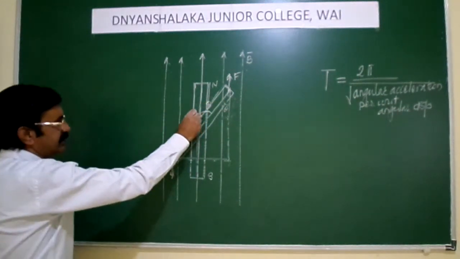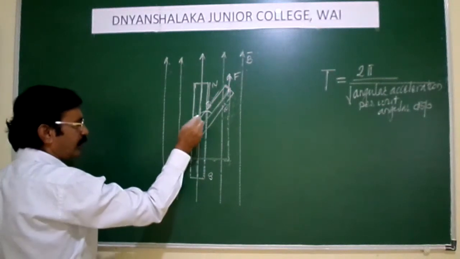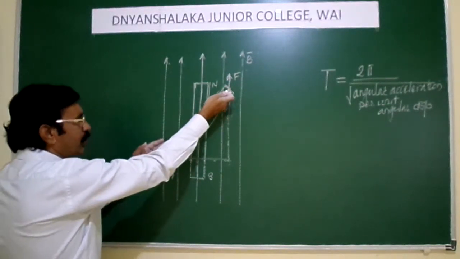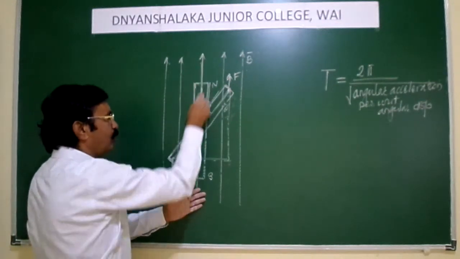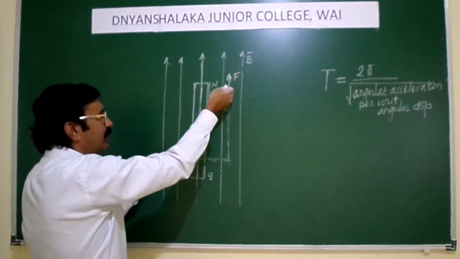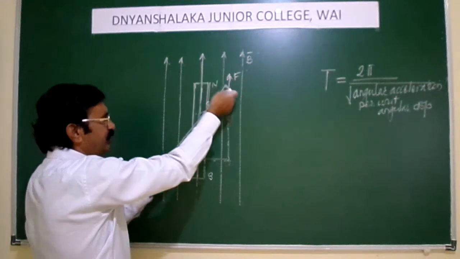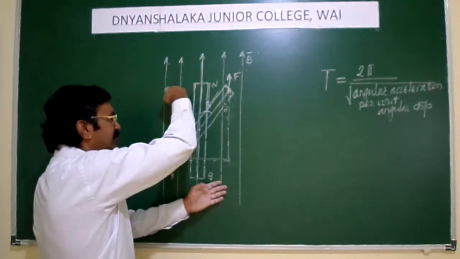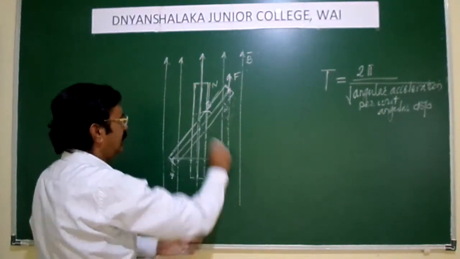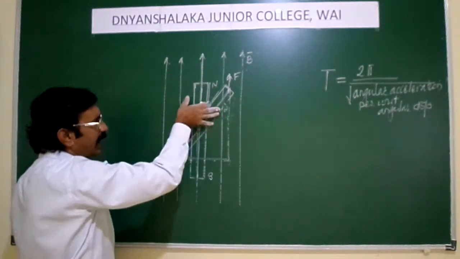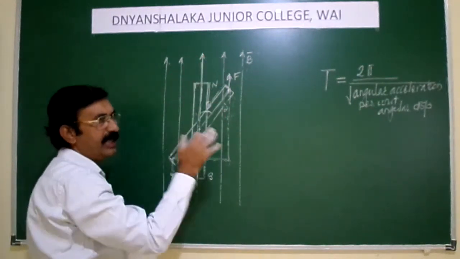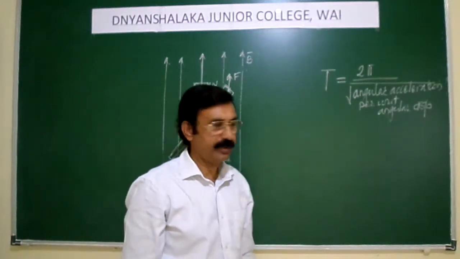And so we can say that on this particular bar magnet a restoring torque acts, which takes the bar magnet to its original position, but due to the acceleration it has gained, it crosses and goes to the other side. Again the restoring torque acts on it, and so the bar magnet keeps on oscillating in the magnetic field.